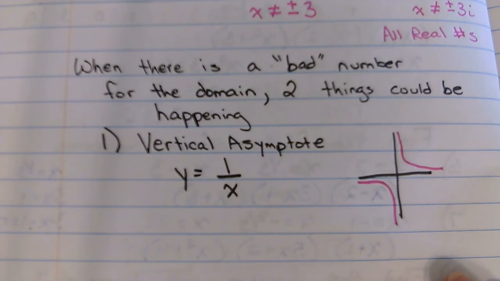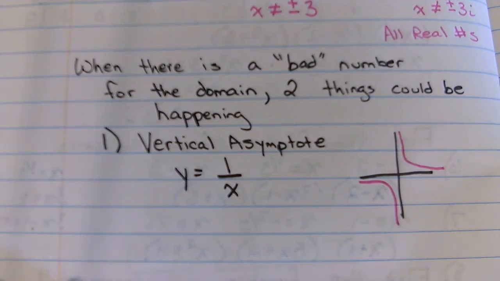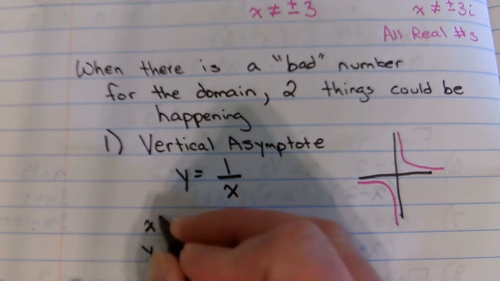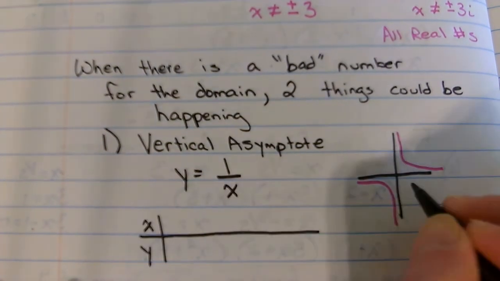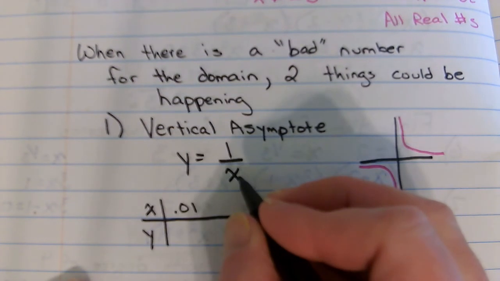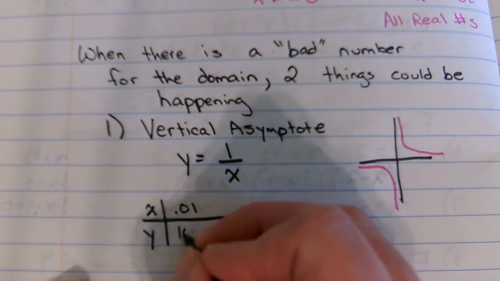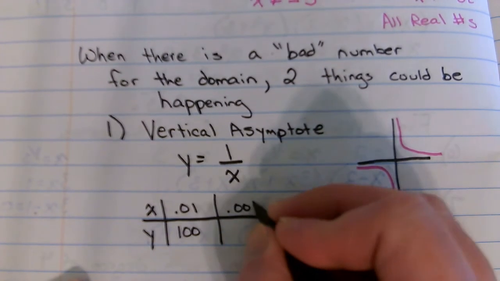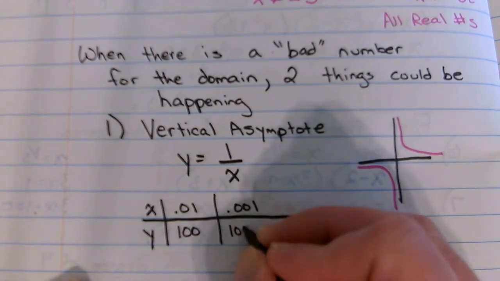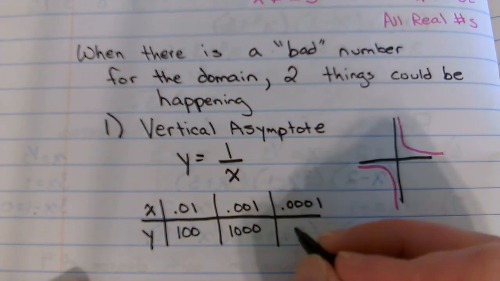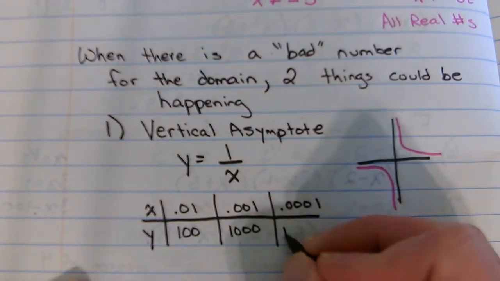What's happening is if I looked at the x values and the y values as we get closer to 0, so if you plug in 0.01 into here, you will get 100 back. 0.001, you will get 1,000. 0.0001 gives me 10,000.